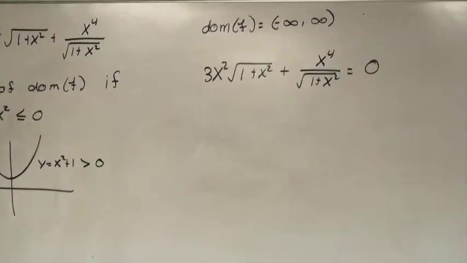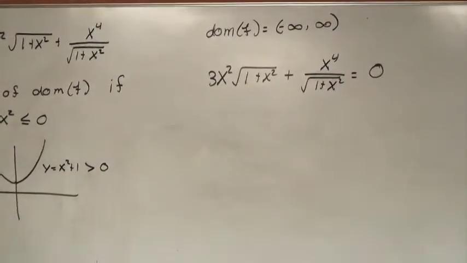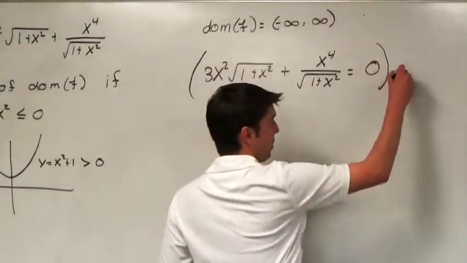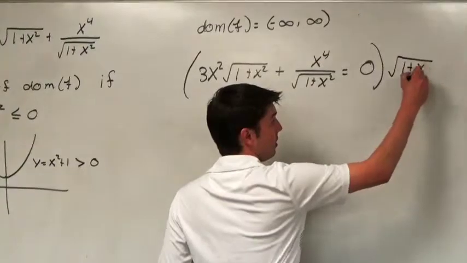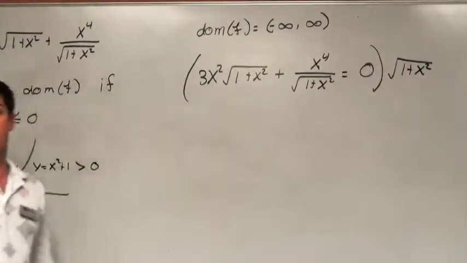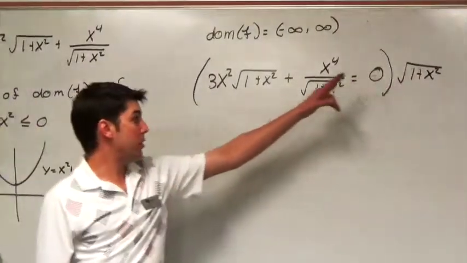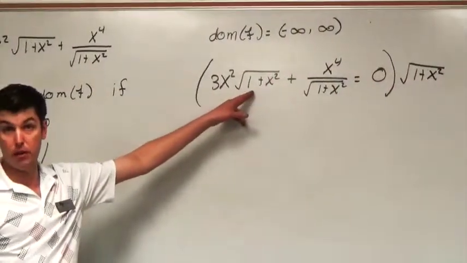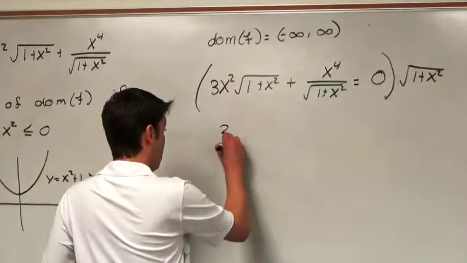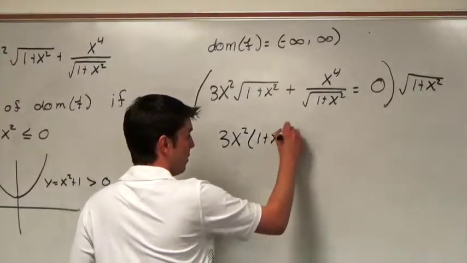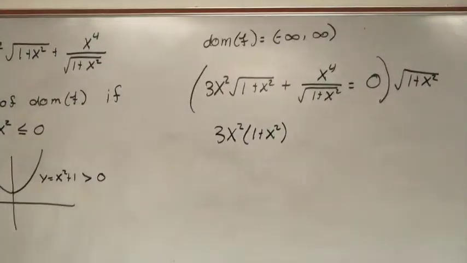What we do when we're trying to solve an equation for 0 with functions of x in the denominator, we multiply both sides of the equation by the least common denominator. Least common denominator distributed to the first term on the left. The square roots cancel out. You'll be left with that.